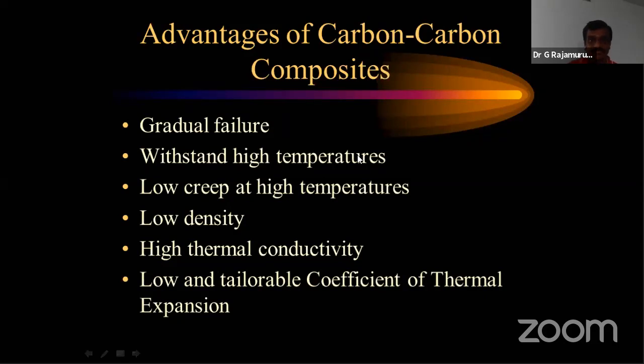So gradual failure, withstands high temperature, low creep at high temperature, low density, high thermal conductivity, and a low, tolerable coefficient of thermal expansion. These are all the major advantages of the carbon-carbon fiber composite material.